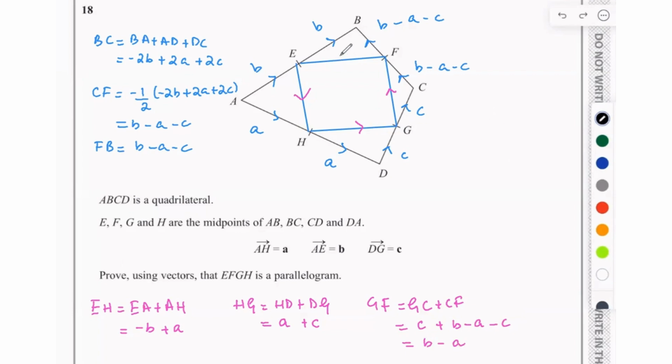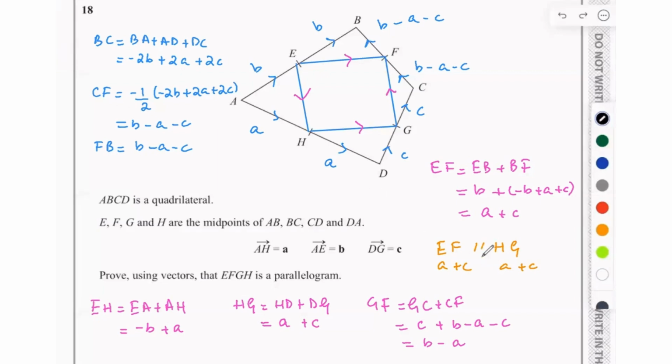And lastly, EF. EF is going to be EB plus BF, which is going to be B plus negative B plus A plus C, because of the opposite direction again, which is going to be A plus C. So now if we compare these, EF, which is A plus C, and GH or HG is also A plus C. So since both vectors are equal, that means they are parallel to each other.